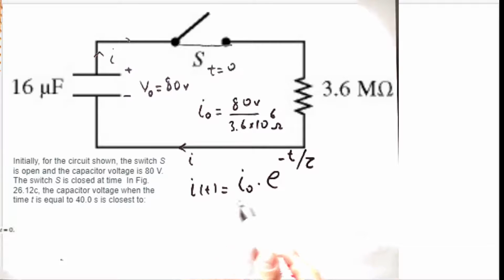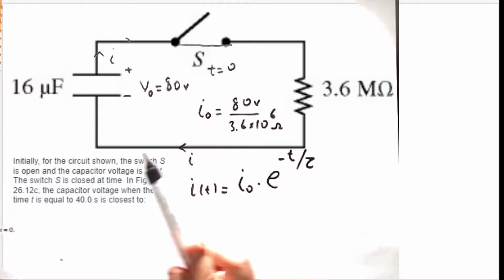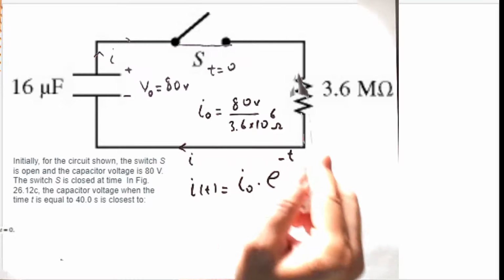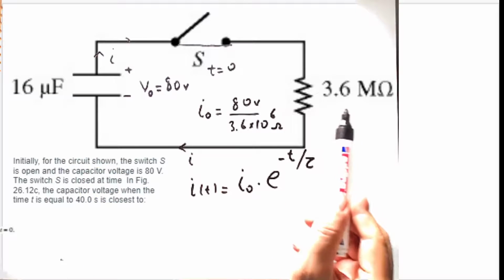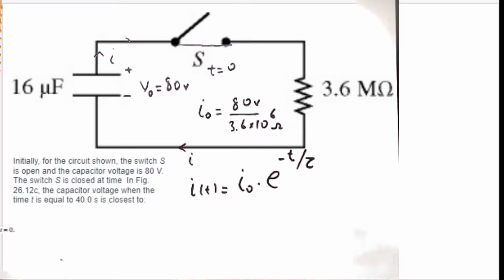So this is the time dependent equation for the current that flows through this specific circuit that contains a 16 microfarad capacitor and 3.6 mega ohm resistor. But what is the time constant tau?